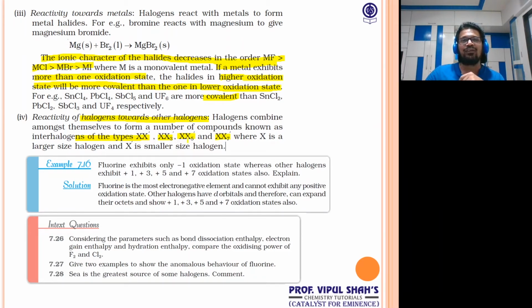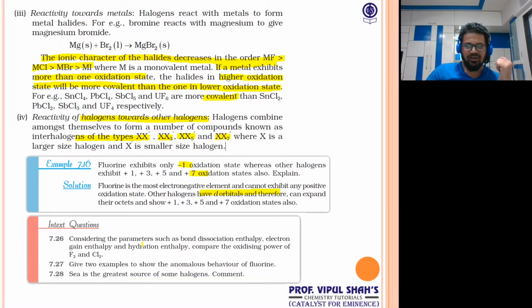XX'5, BrF5, distorted sp3d2, that was an octahedral geometry, distorted there. And then it says fluorine exhibits only -1 state, whereas other halogens exhibit +1, +3, +5 and +7. Why? All have vacant orbitals. Other halogens have vacant orbitals, but fluorine will not have.